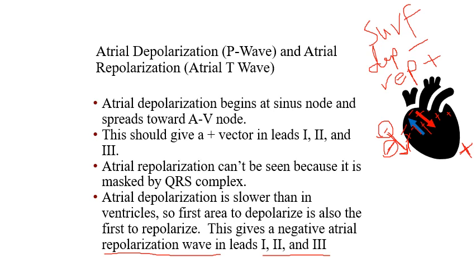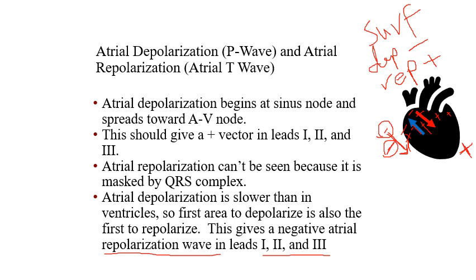So a completely depolarized heart will give negative charges at depolarization on the surface, and positive charges of repolarization on the surface will start to appear from up to down.